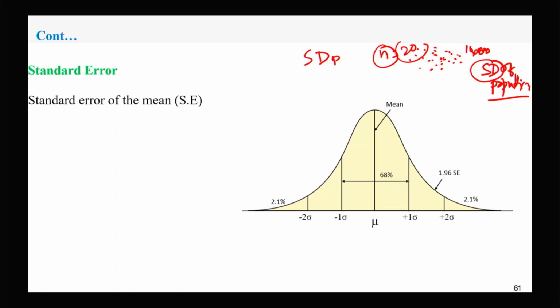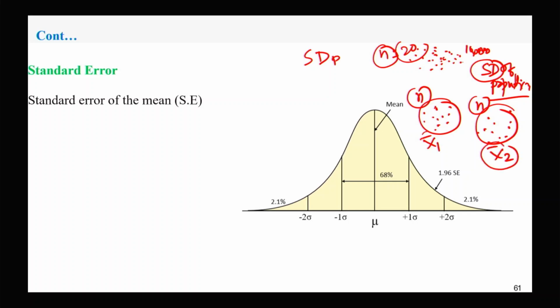Numerically, standard error will be lower, because the variability within these 20 individuals is not considered. The variability within each sample of n is not considered. This is only x bar 1, x bar 2, like this. We are taking the mean, so we are eliminating the variability within the sample.